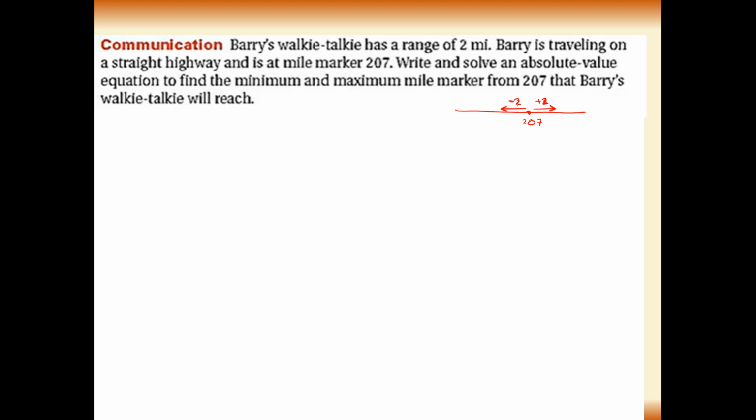Okay, so the fact that it's going in both directions on a straight line means that wherever Barry is, he will have up to ±2 miles range from where he's standing.